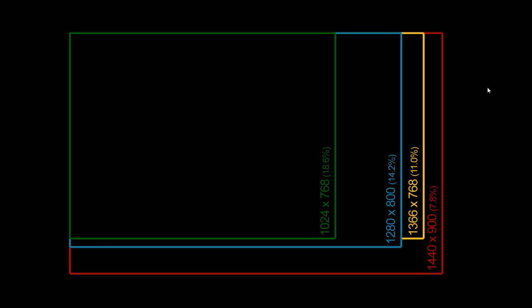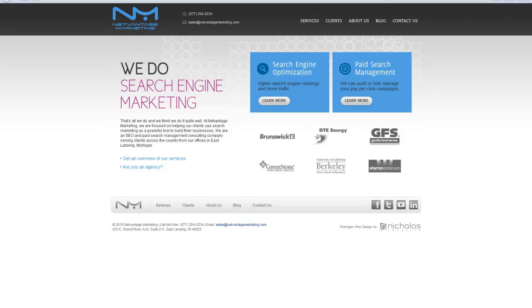Typically, when I'm working on a website, I would have my Firefox open like this, and it would be the entire screen. You can see that this particular website, our NetVantage website, does not take up the entire resolution of my monitor. It's actually shrunk down, and it's for this exact reason, because not everybody is using screens as large as ours.